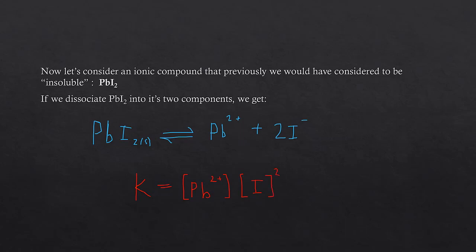And now for our reactants, I see that PbI2 is a solid, because that's how we started it off. So in that case, we're not going to consider it for our K expression. So this is what we're left with, and this is what we call a solubility equilibrium expression.